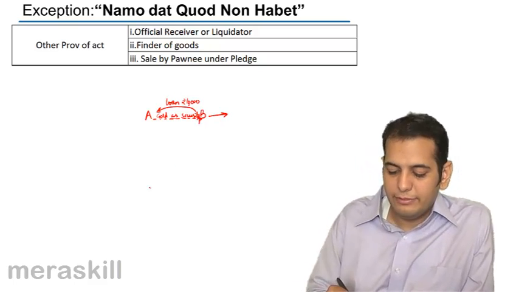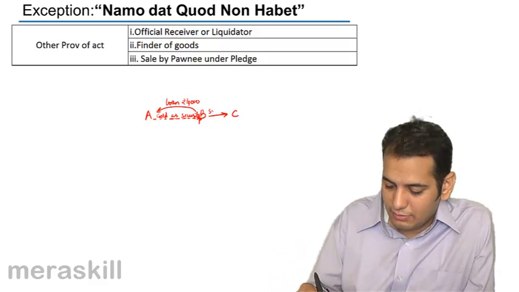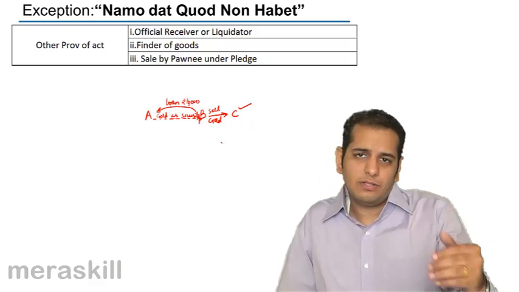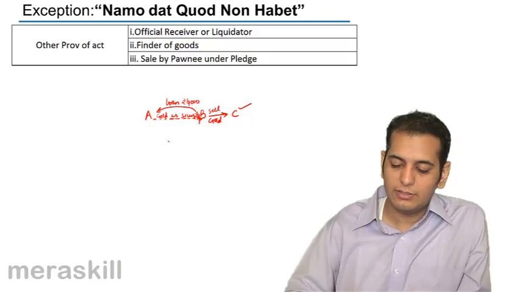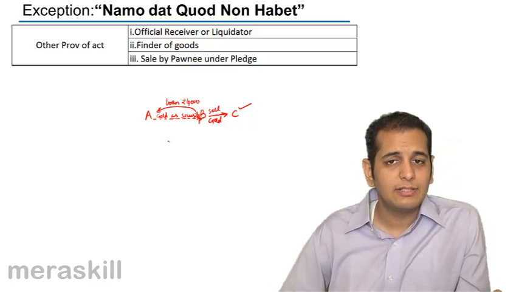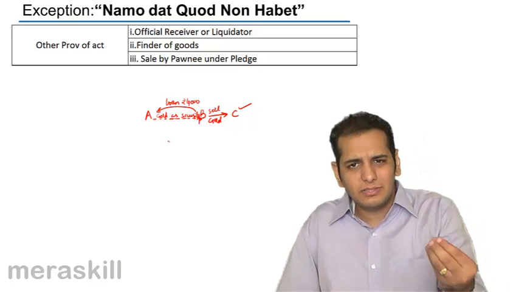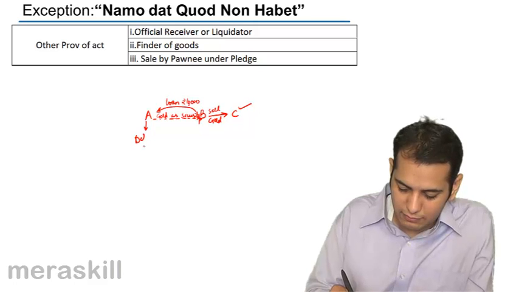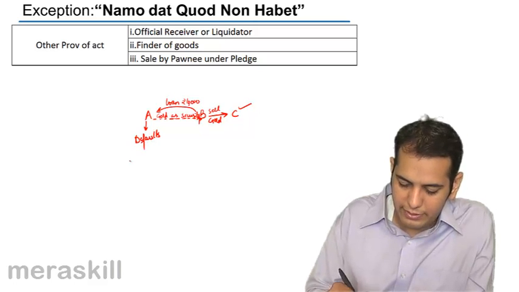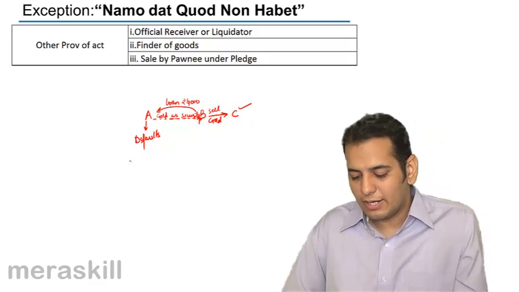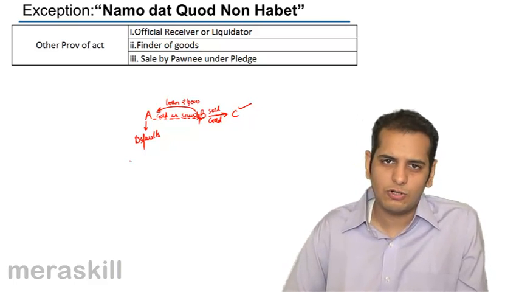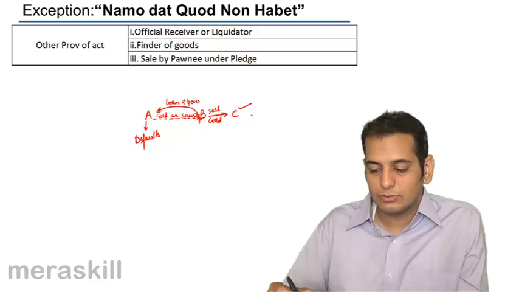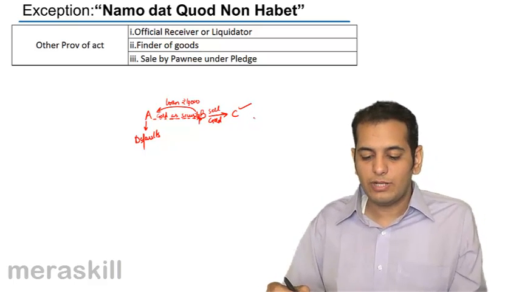Now, what B may do is, if A does not repay him, sell that gold to C, and he'll be able to transfer a proper title to C. Even though B here is a pawnee, a pledgee, he does not have the general property in the goods, he only has a special property, he cannot sell the goods. Yet, if this is a situation where A defaults, B gets the right to sell the security even though he is not an owner. Okay. So these were the exceptions to the Latin maxim Nemo dat quod non habet.